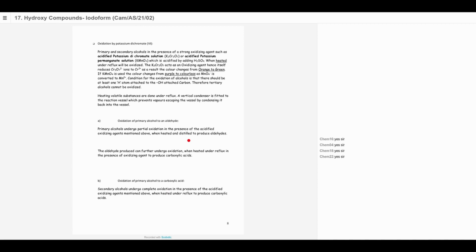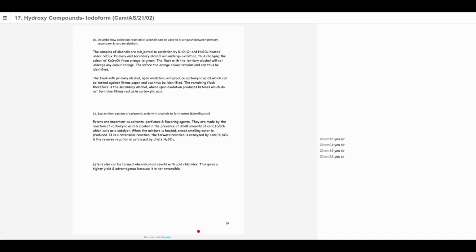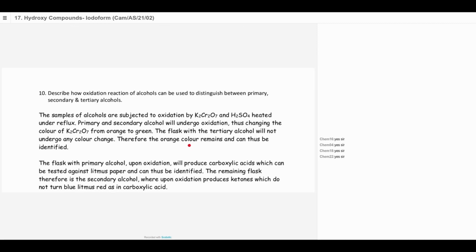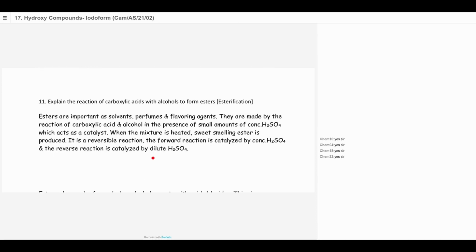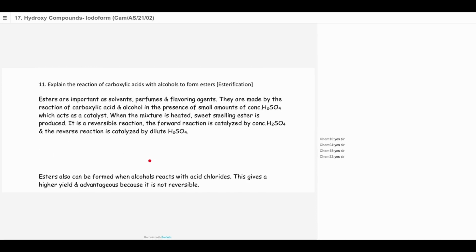The condition for the oxidation is that the OH attached carbon should be having at least one hydrogen attached to it. That's the reason why the primary alcohols and secondary alcohols can be oxidized, but the tertiary alcohols cannot be oxidized because the attached carbon has no hydrogen attached to it. And then we discuss about the products of the oxidation of the alcohols.